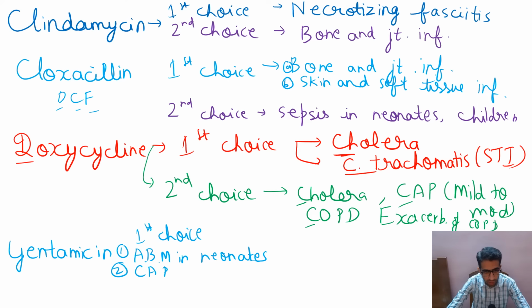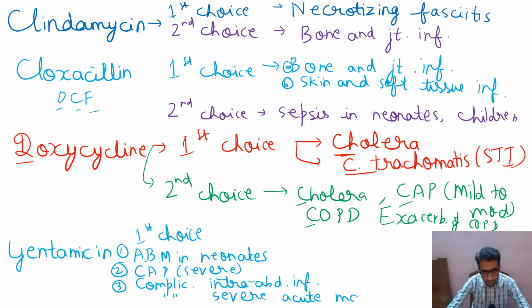Community acquired pneumonia severe, complicated intra-abdominal infections, complicated severe acute malnutrition, and last but not the least, sepsis in neonates and children.